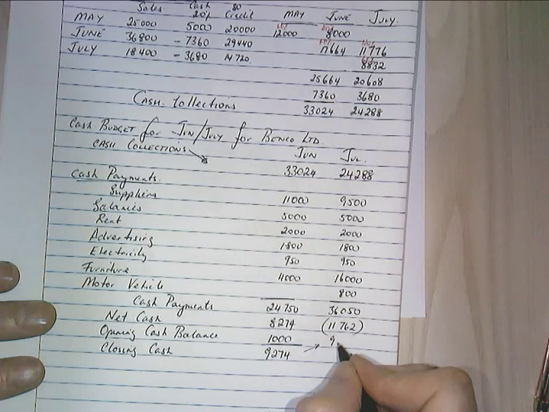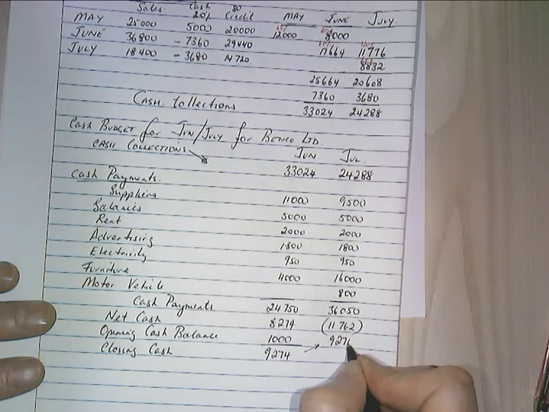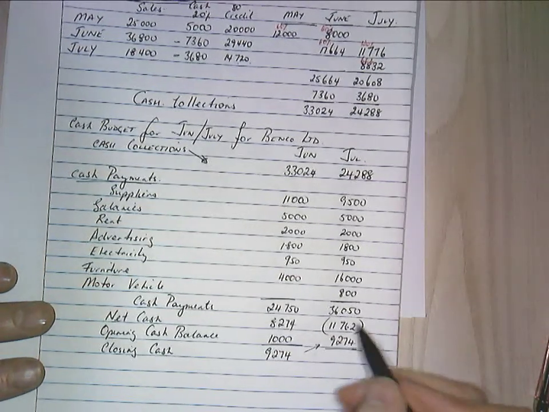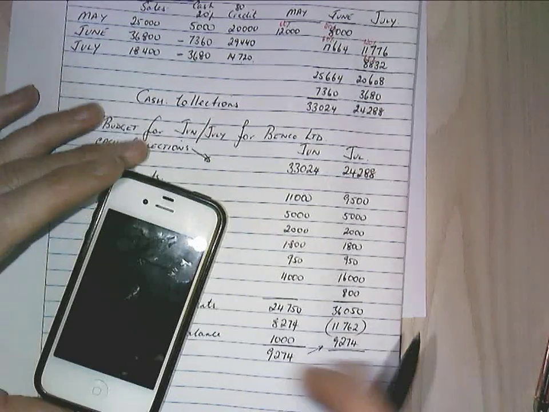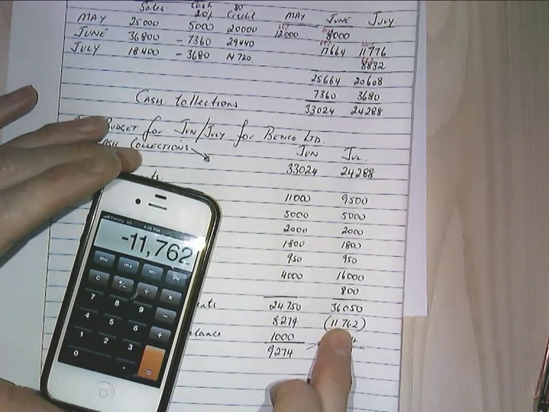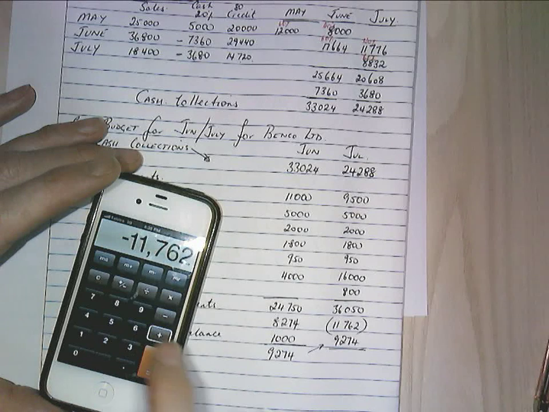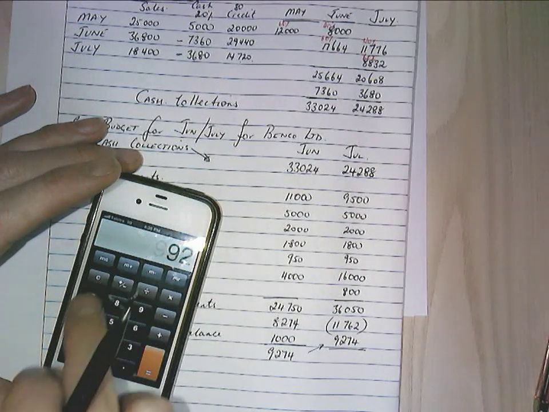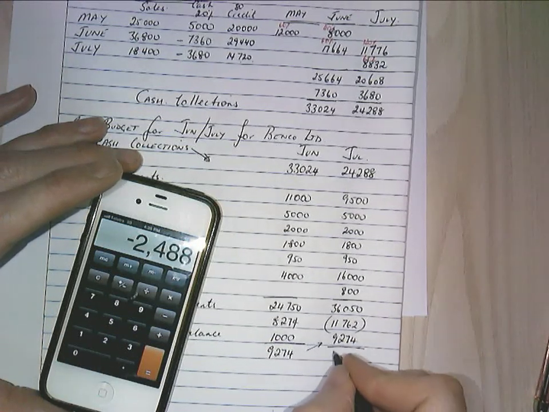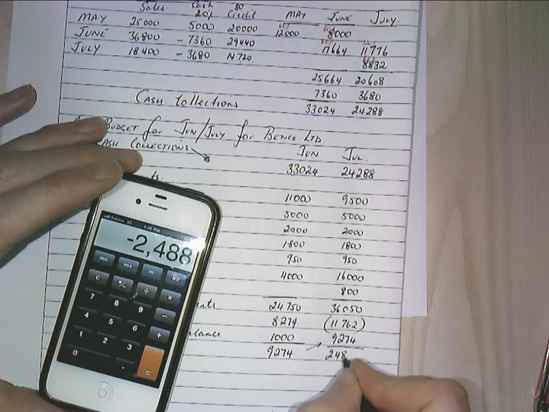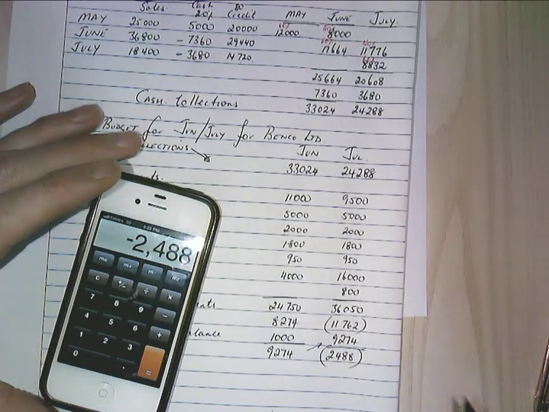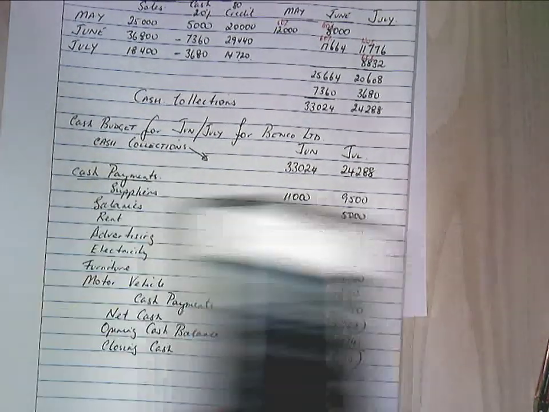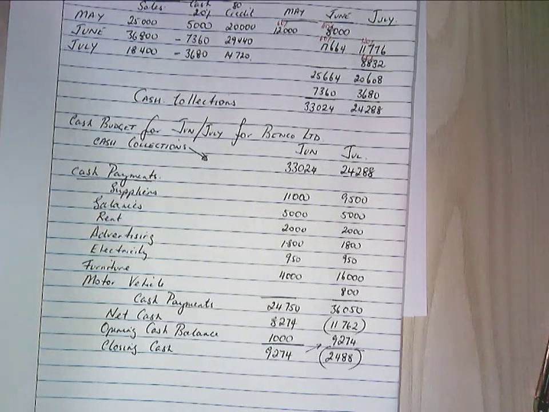This makes this one 9,274, and the difference, add these two together, it's 11,762 plus 9,274 equals 2,488. Now that's cash outflow, so we've got it more than.